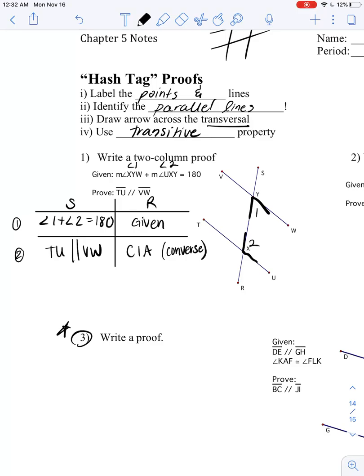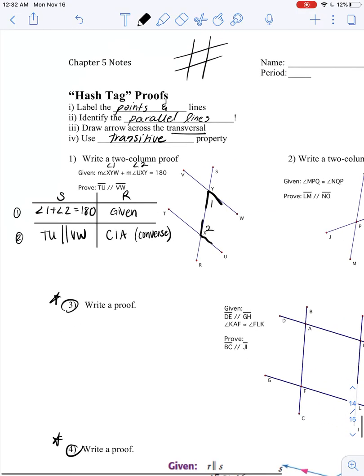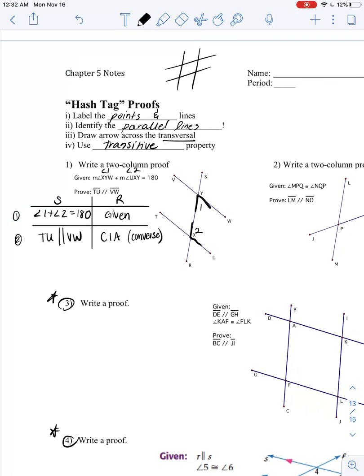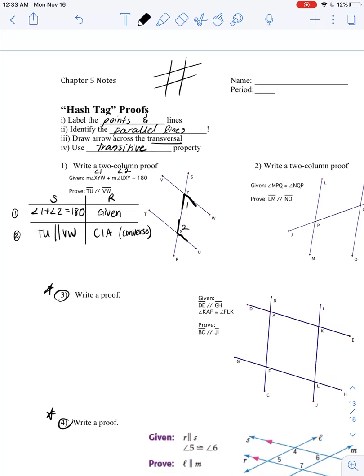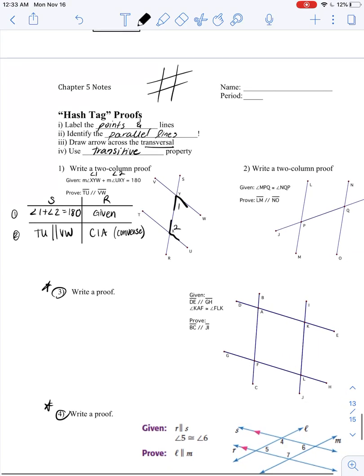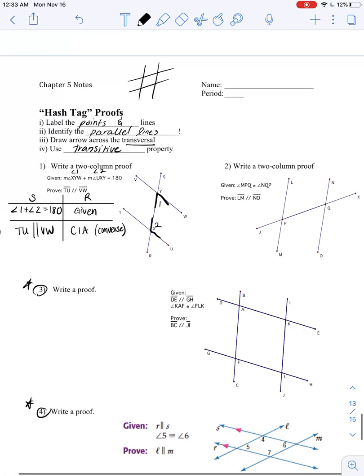This is known as the converse of the statement. So I'm going to be writing converse for these. You don't technically have to, but it might make it a little bit easier to keep track of what you're actually doing. So you can see, okay, because I know these 2 add up to 180, therefore since I have those angles, I can go backwards and say that the lines are parallel.